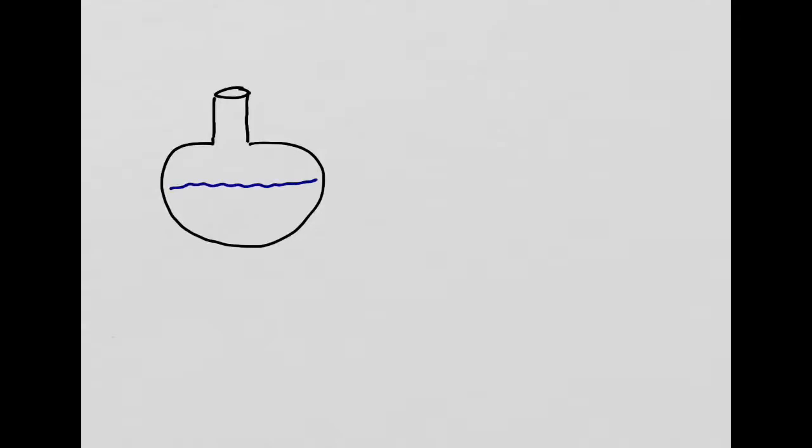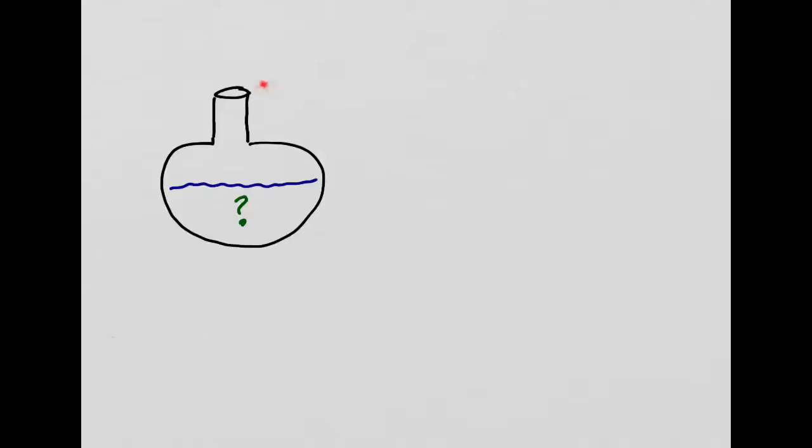In this round bottom flask, I don't know what I have in this solution. Imagine you find a round bottom flask in lab, and it has some kind of solution in it, and you have no idea what this solution is.